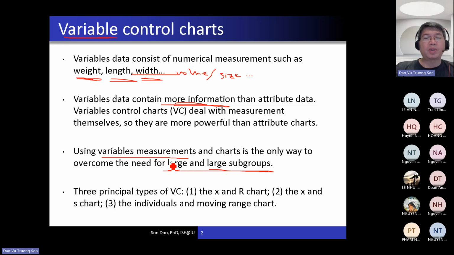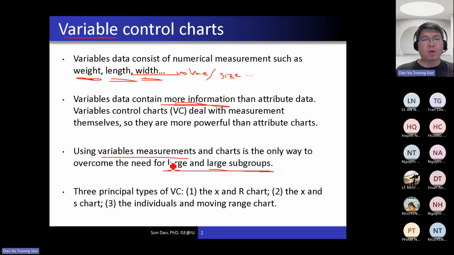Remember, when the process becomes significantly better, the chance to see one problem or one defect is very rare. This means sometimes we have to inspect the entire batch of production, and that leads to very large subgroup size.